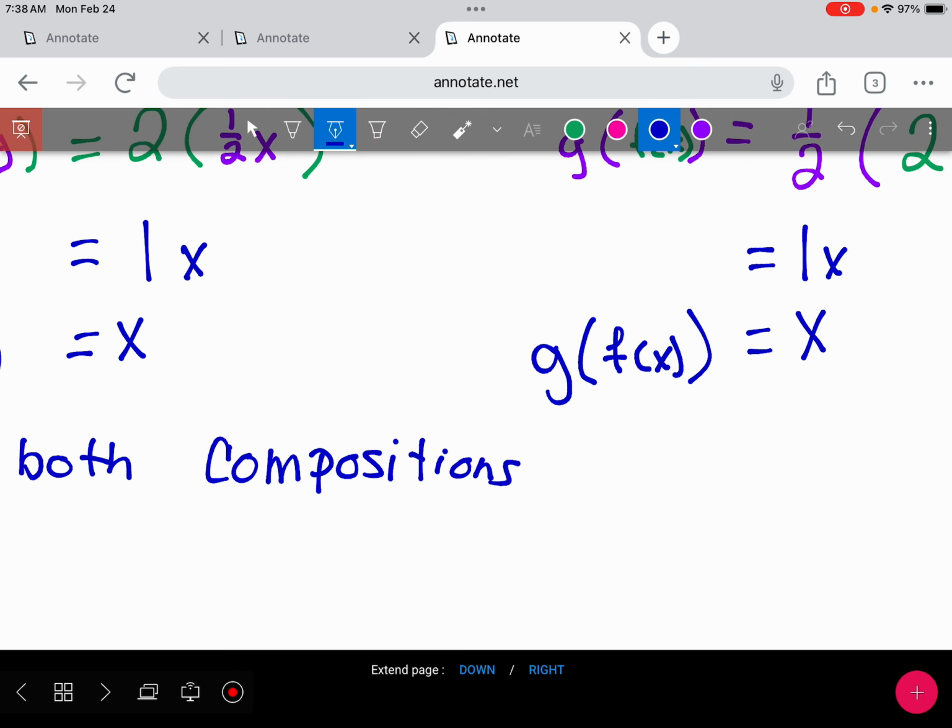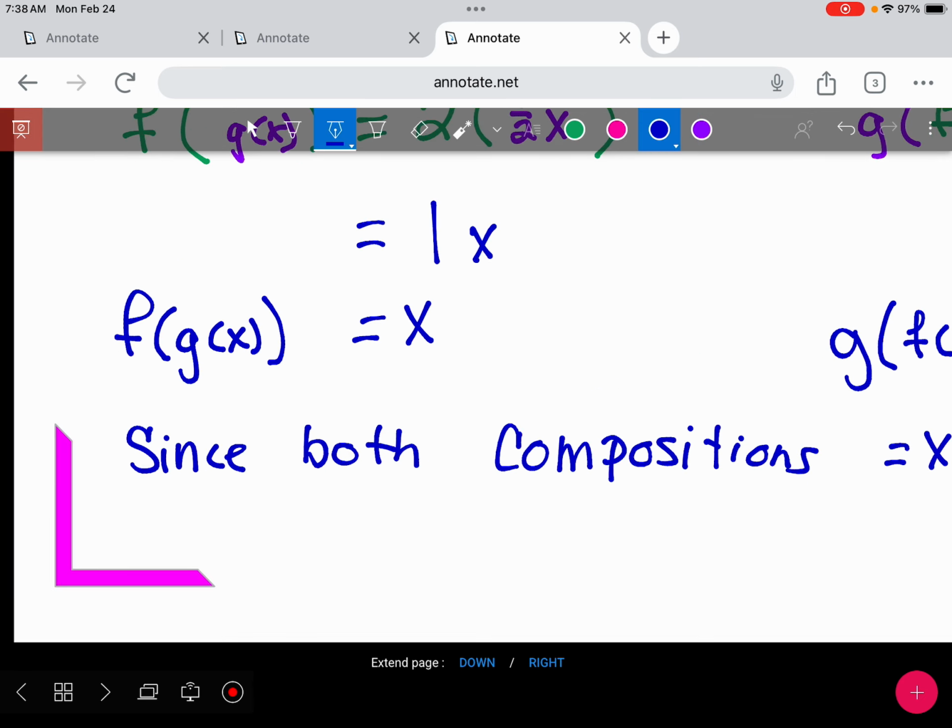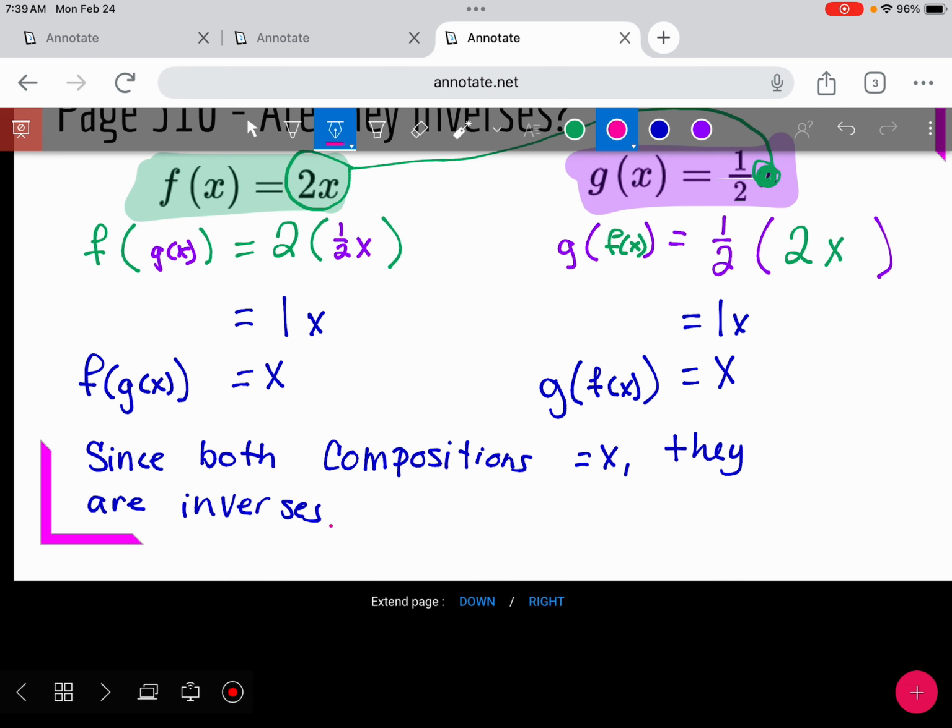It's as saying both compositions equal x. They are inverses. So that's how we prove that they are or are not inverses. Since both compositions equal x, they're inverses. And it has to be both for sure to be able to say that they are.